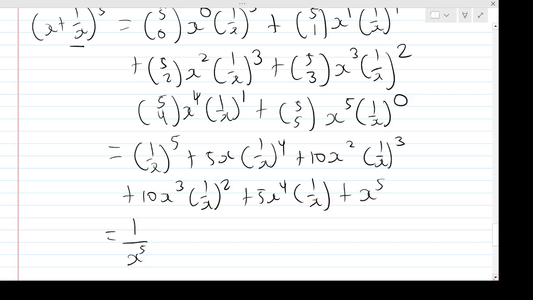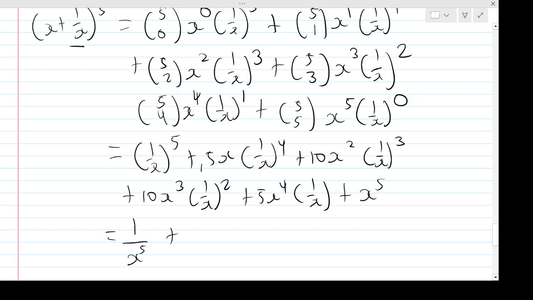Because again, you just raise the top and bottom to power 5. So 1 to the 5 over x to the 5. But obviously 1 raised to any power is just 1. So we just get 1 over x to the 5. Okay, that's just a recap of index laws. So we have 1 over x to the 5.